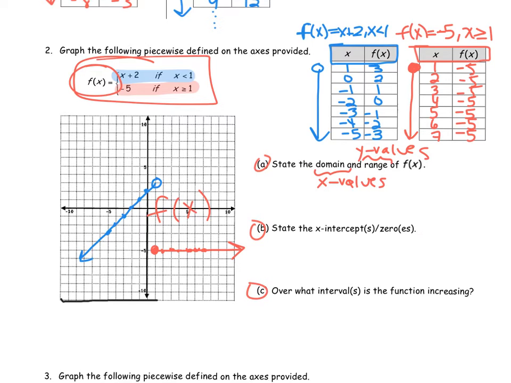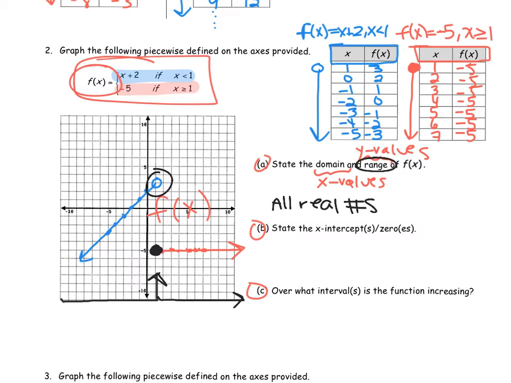Stop, because look at what we have here. There is that hole in the graph up here, but notice how it's actually really filled down here, right? It's filled here. And as we continue again back to going to the right, all values are included. So our domain is all real numbers.